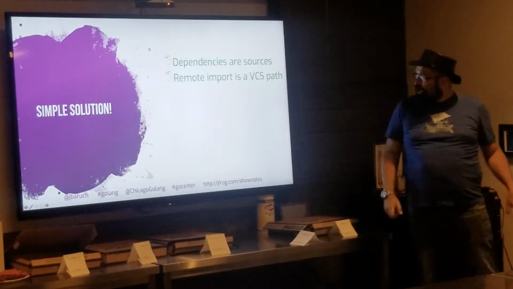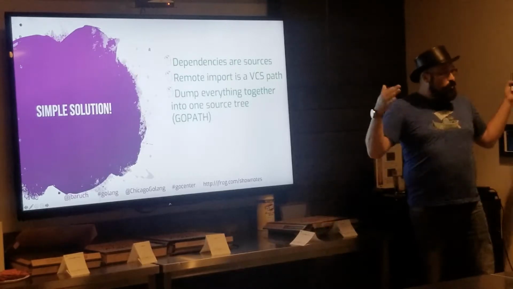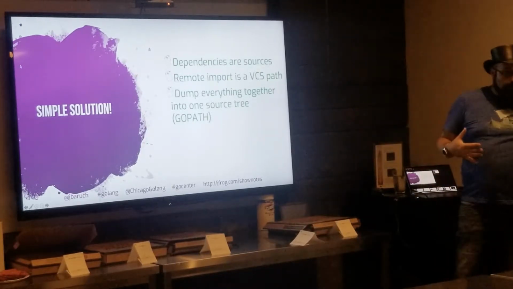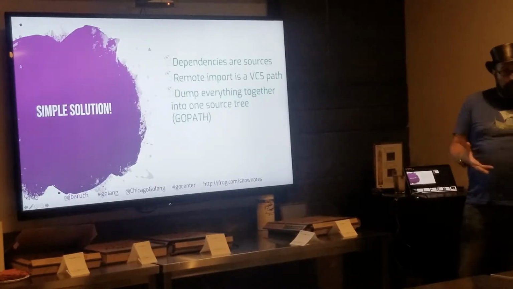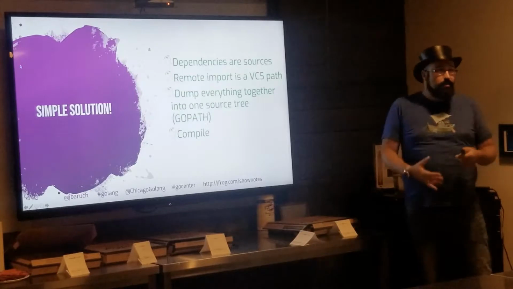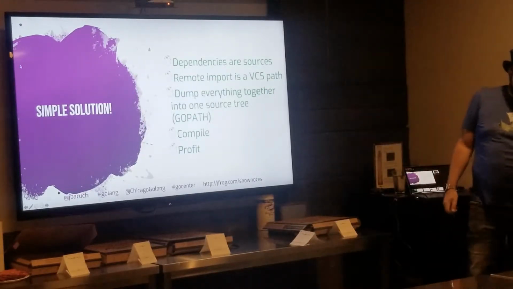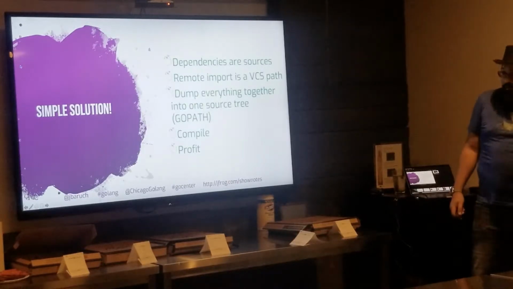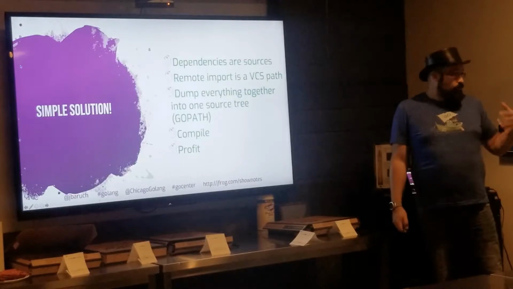So this is also great. Dump everything together into one source tree, GOPATH. It makes a lot of sense. In Google's case, they already have everything in one source tree, and then we compile everything together, and then we're done. Right? Which is simple, makes sense, learned a lot from other languages and built on top of that.